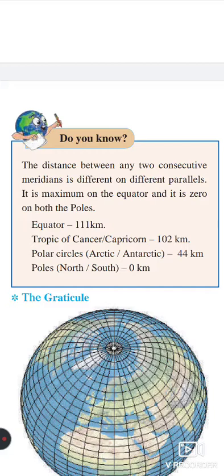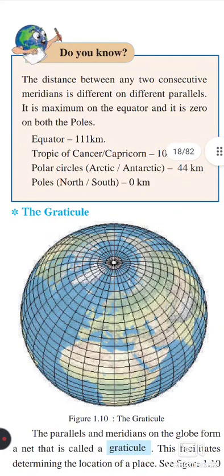At the equator, it is 111 kilometers, while at the Tropic of Cancer, it is 102 kilometers. At the polar region, it is 44 kilometers, and at the pole it is 0 kilometers. It is due to the spherical shape of the earth.